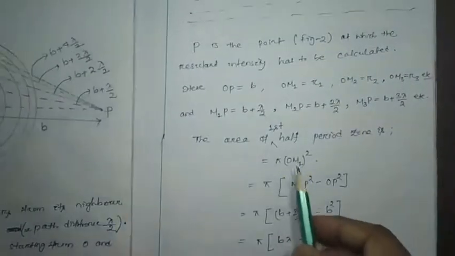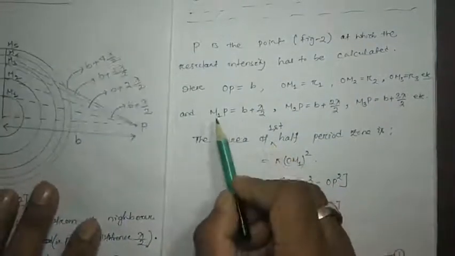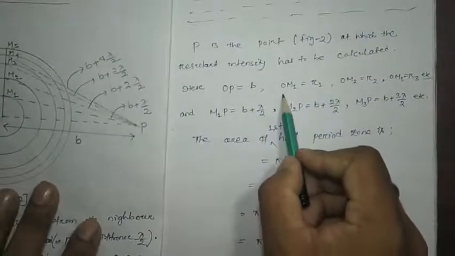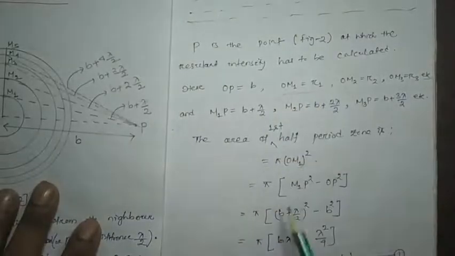The radius of the first half period zone is OM1, which is R1.